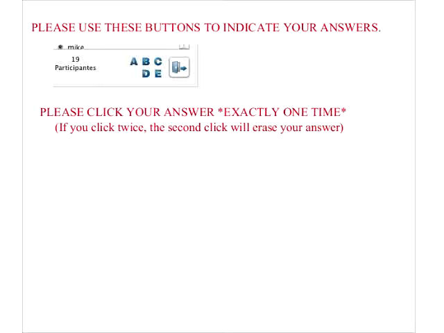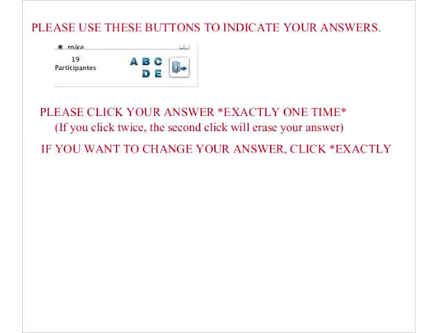If you want to change your answer, then please click exactly one time on the new answer. Again, because if you click 2 or 4 or 6 or 8 times, then you will have nothing on your screen. So please click a single time.